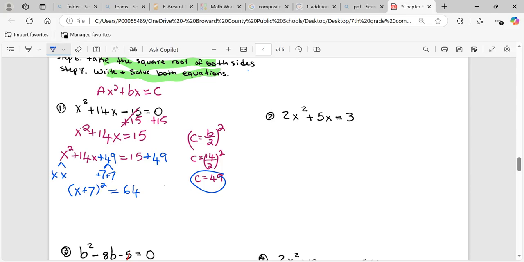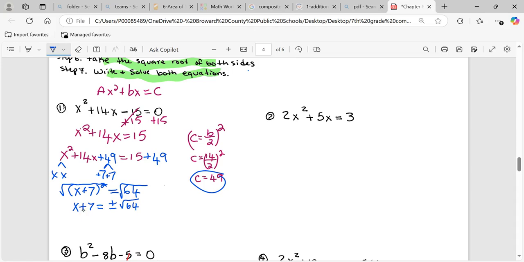Now this looks like what we did in the very beginning. I want to solve for x, and it's the whole x plus 7 squared. So to get x by itself, I'm going to take the square root on both sides. That leaves me with x plus 7 is equal to plus or minus the square root of 64, which is 8.